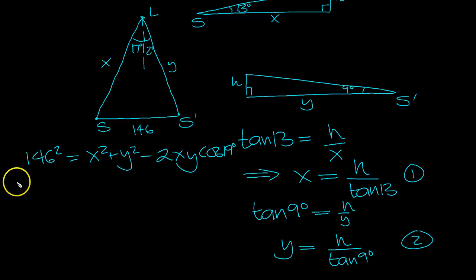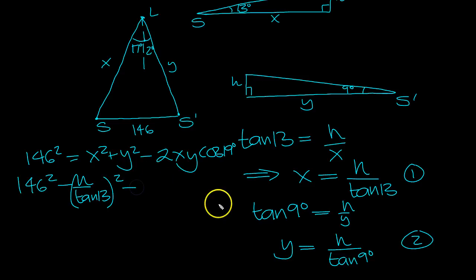So 146 squared minus x squared, which we can write as h over tan 13 squared, minus y squared, which we can write as h over tan 9 squared.